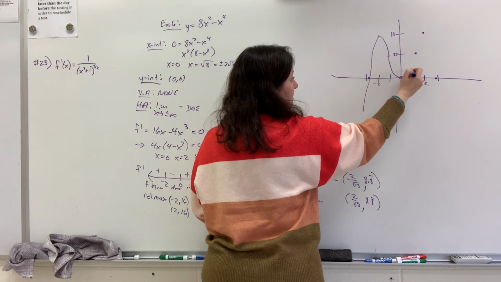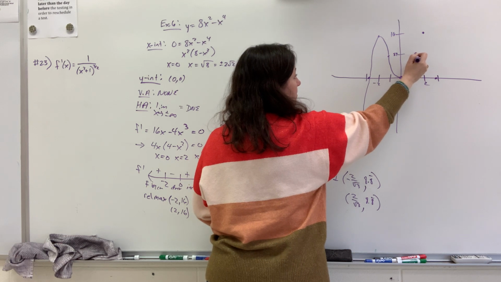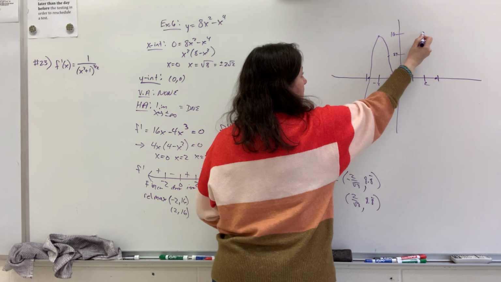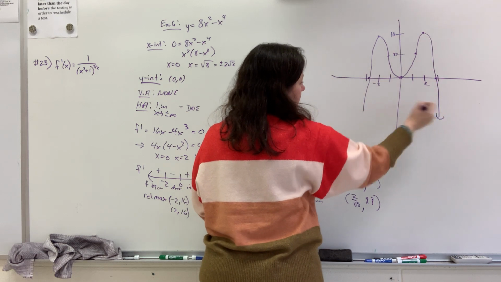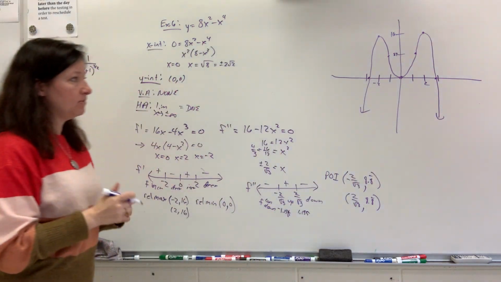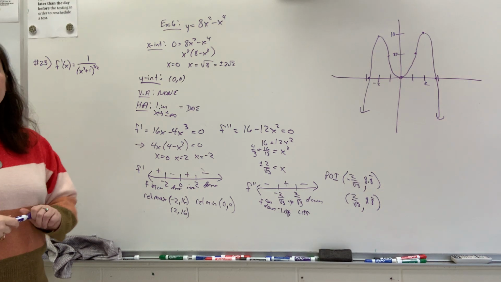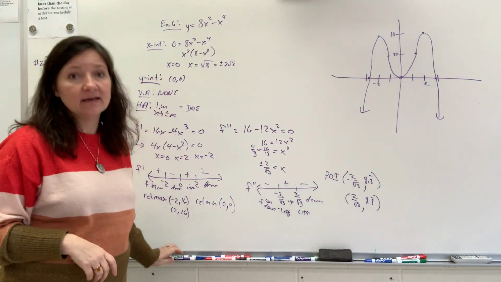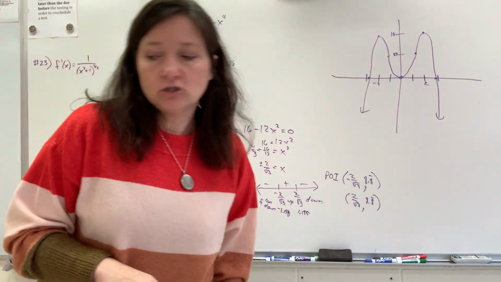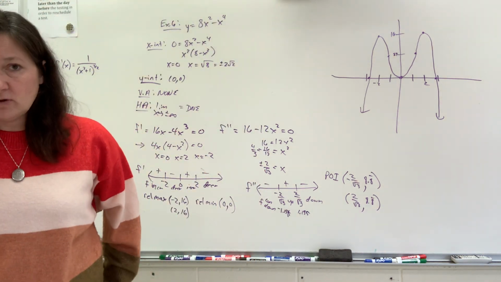Then I'm increasing, but still concave up. Then I switch to concave down, and then I'm concave down and decreasing. I go through my other x-intercept. What basic shape graph did I end up with? An upside down W. What does a negative x to the 4th equation make? An upside down W.